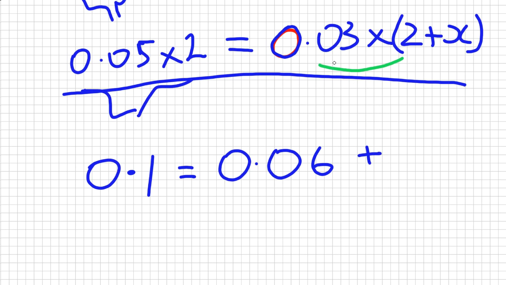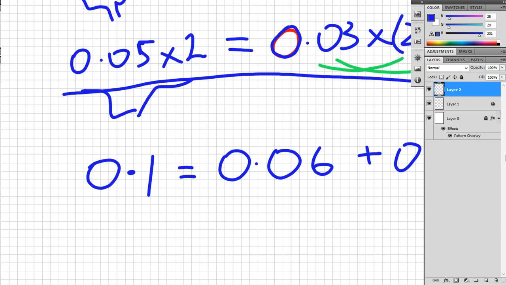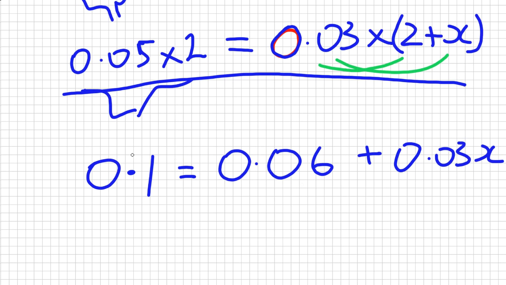Then we do the other part of the bracket, 0.03 by x is 0.03x.